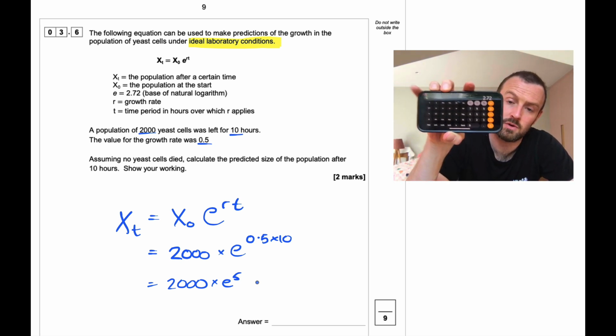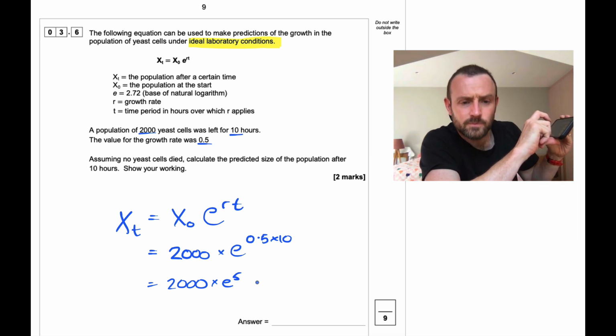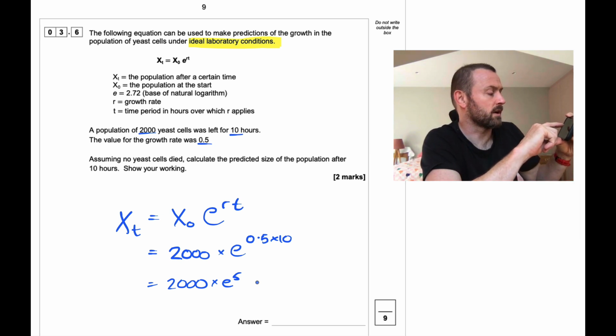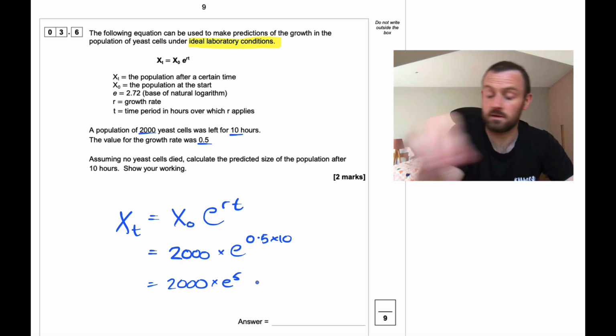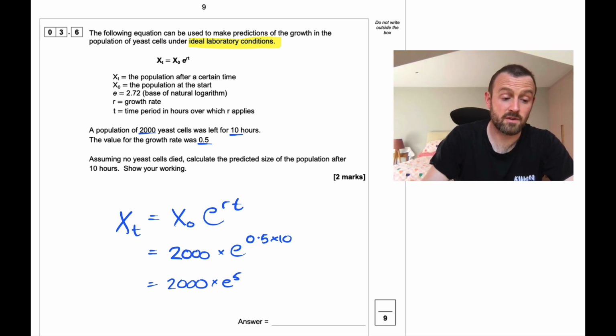I'm going to press the x to the y button, and do it to the power of 5. It gives me 148.9, and then I'm going to times it by 2,000. So that gives me 297,765.59.